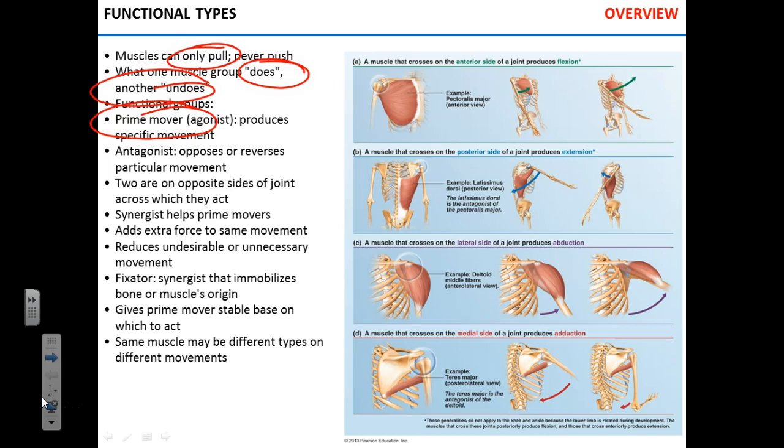Okay? Antagonist. Muscle that opposes that move. In this case, it's going to be triceps brachii. Agonist or prime mover and antagonist are always on the opposite side of the joint they move. Biceps and triceps are on the opposite sides of the elbow joint.